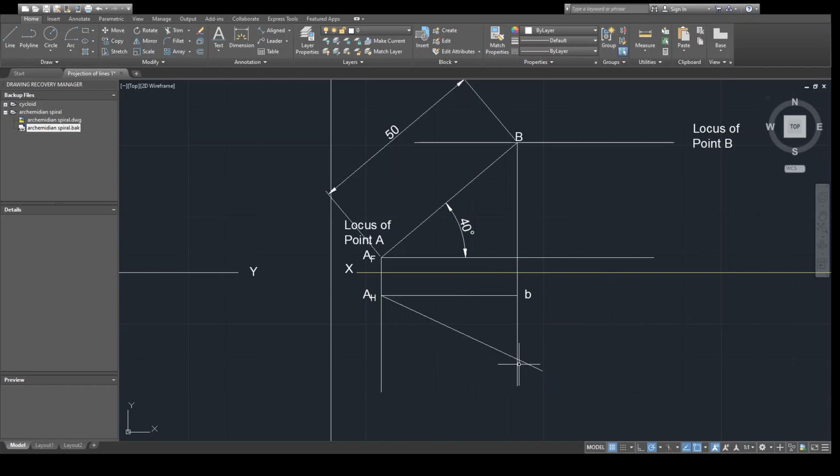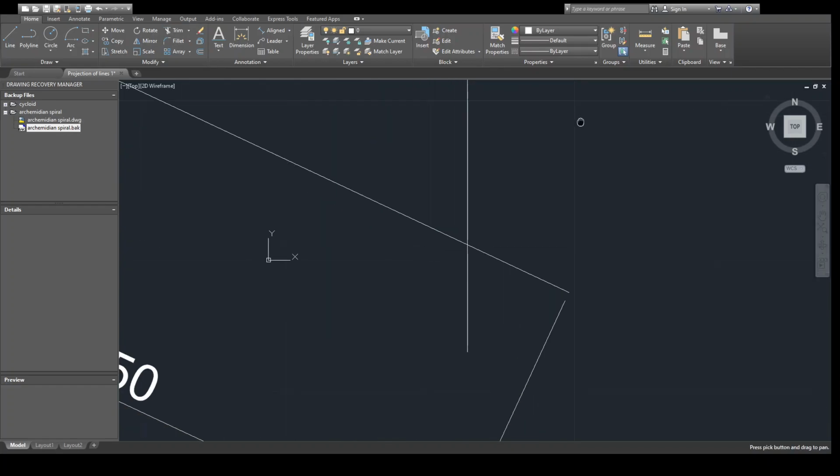Okay. So this line is a true length line, length is 50 mm. So we have determined locus of point B now in case of top view.